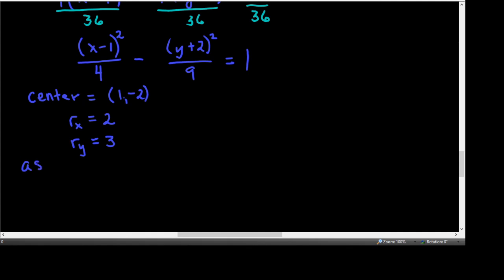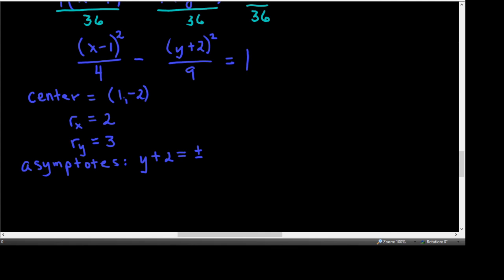At this point, I like to do the asymptotes next when I'm supposed to find them, because I now have everything I need to know to find the equations of the asymptotes. This is a good place to put that. So y minus the y coordinate of the center, so y minus negative 2, aka y plus 2, equals plus or minus r sub y over r sub x.